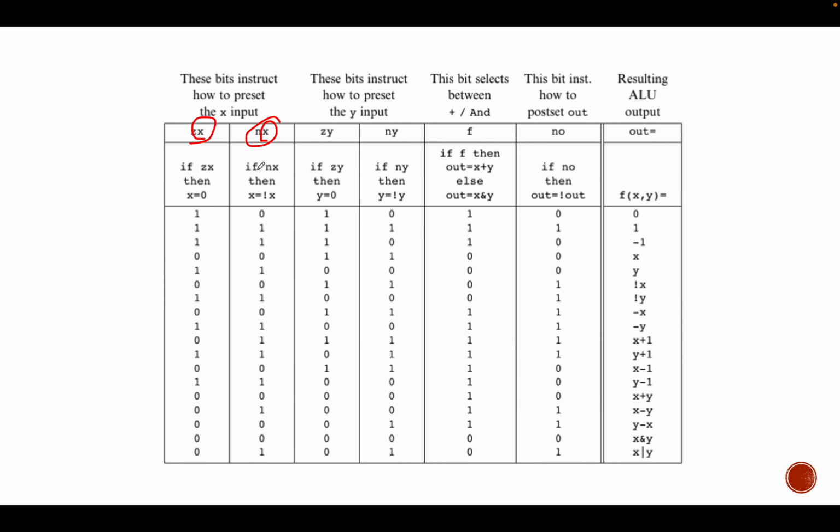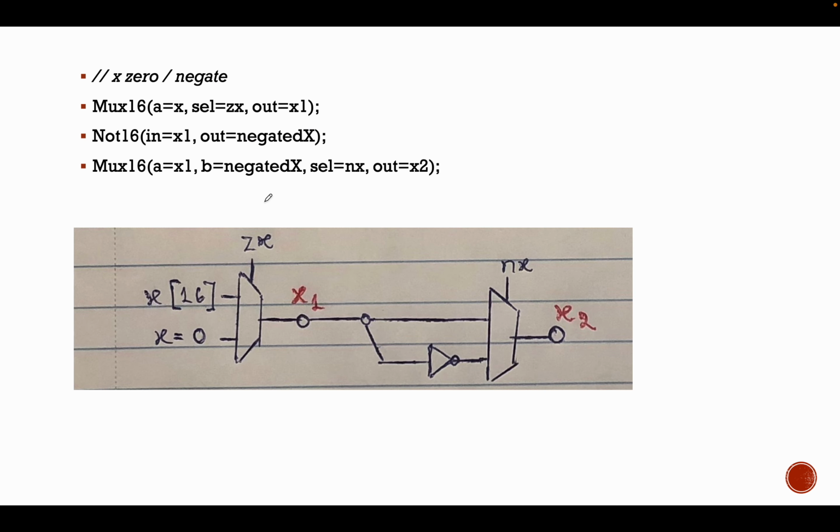And NX is, if NX is true, if the selection bit goes in true, then we negate X. How it works, if we look at the gates first, we have the multiplexer here. Why do we have the multiplexer? Because the multiplexer chooses which one to output.